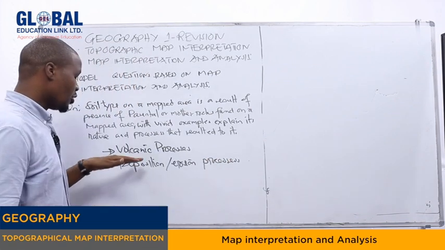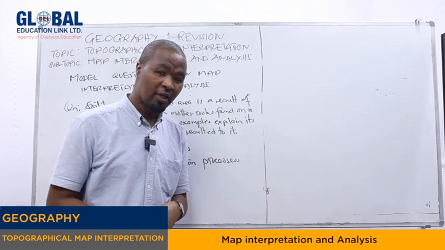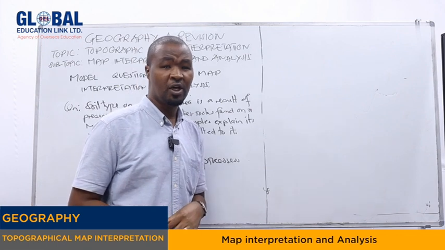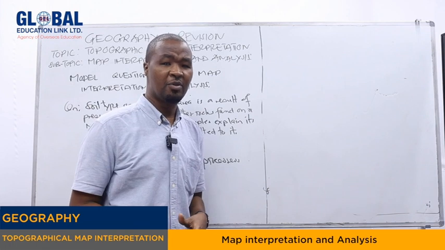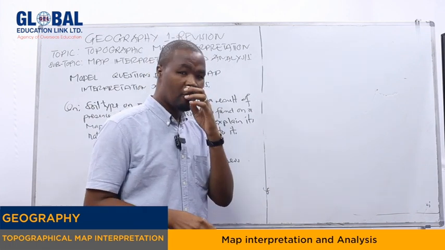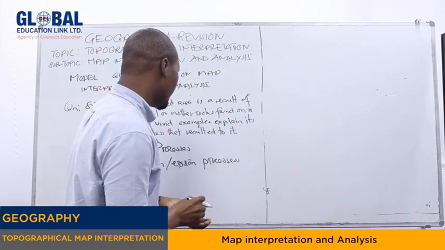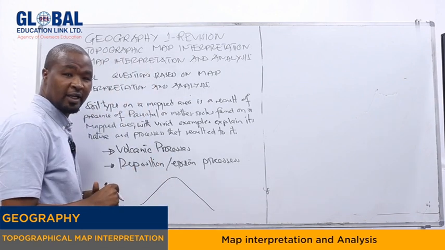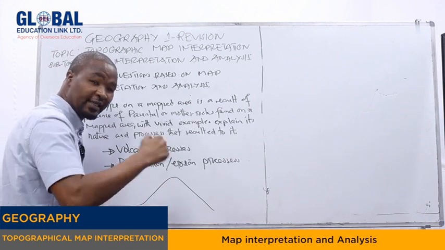Most of these processes may result in the formation of different types of soil. Why? Let's take an example. During either plate or continental drift, there is movement of the land. You see? The movement of the land may form different types of landform over the mapped area. Because we are talking about the map right now, we may find, for instance, the presence of a mountain, the highland area. Most of the soil found in mountain areas is a result of what?